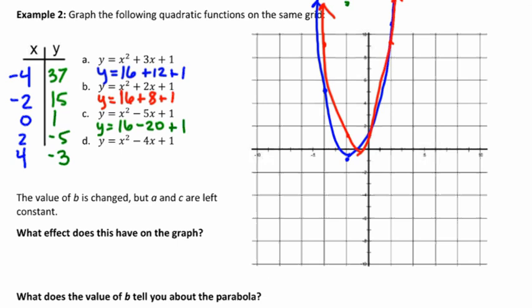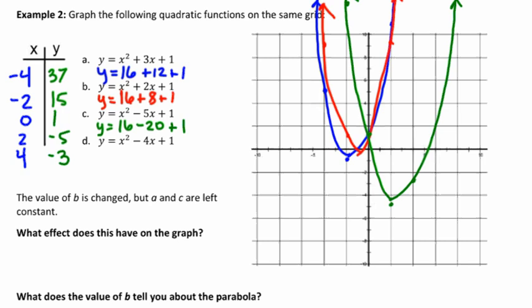Negative 2 and 15. 0 and 1. 2 and negative 5. And 4 and negative 3. So we know it'll be opening up like this.